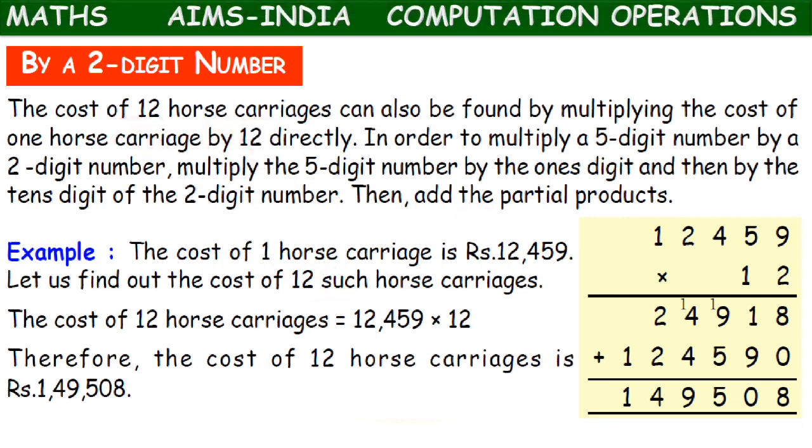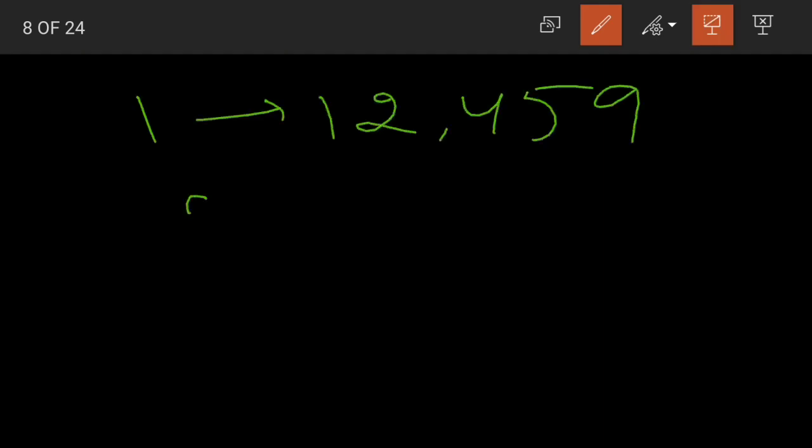Yes children, the same 5-digit number. What happens when we need to multiply it with a 2-digit number? The cost of 12 horse carriages can also be found by multiplying the cost of one horse carriage by 12 directly. Yes, in the previous example, the cost of one horse carriage was given as 12,459.